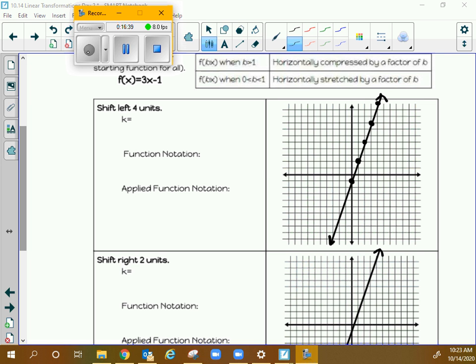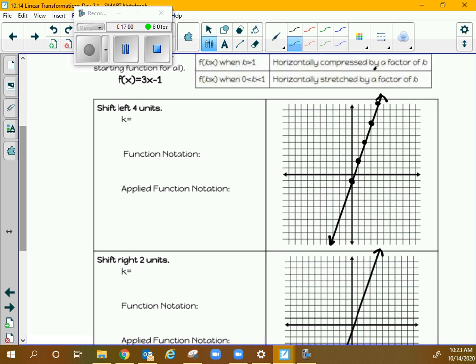If I think about my equation, what parts of my equation have changed? The slope has not changed at all. The y-intercept. But what happened to the y-intercept? It shifted up. So in order to go left, I have to shift up.